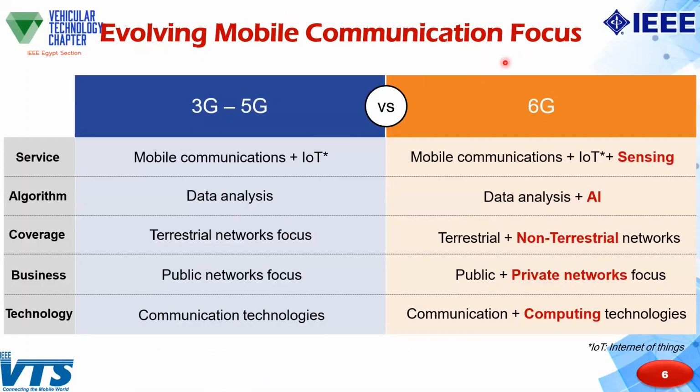If we are going to compare between third generation up to fifth generation versus sixth generation, we can see that from the service point of view, up to fifth generation, we have mobile communication facility in addition to IoT or Internet of Things connectivity systems.